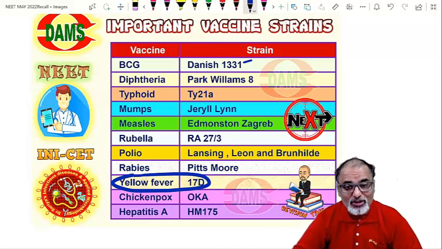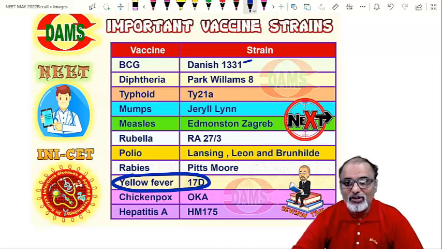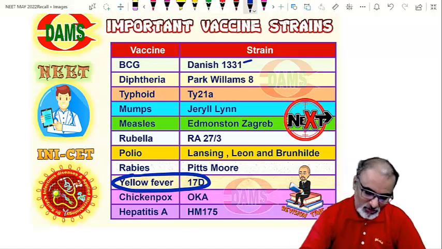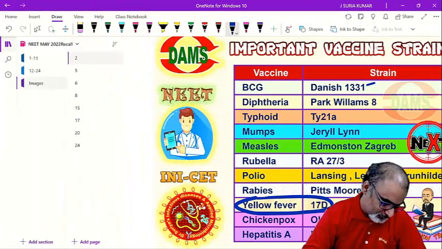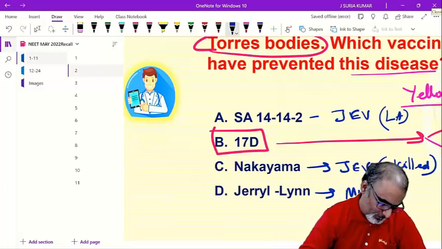You must know all kinds of intranuclear and intracytoplasmic inclusion bodies in viruses. Negri bodies, Paschen bodies, Guarnieri bodies come under intracytoplasmic. Lipschütz bodies, Torres bodies, and adenovirus and poliovirus inclusions come under intranuclear inclusion bodies. You are aware of that. The answer here is 17D.